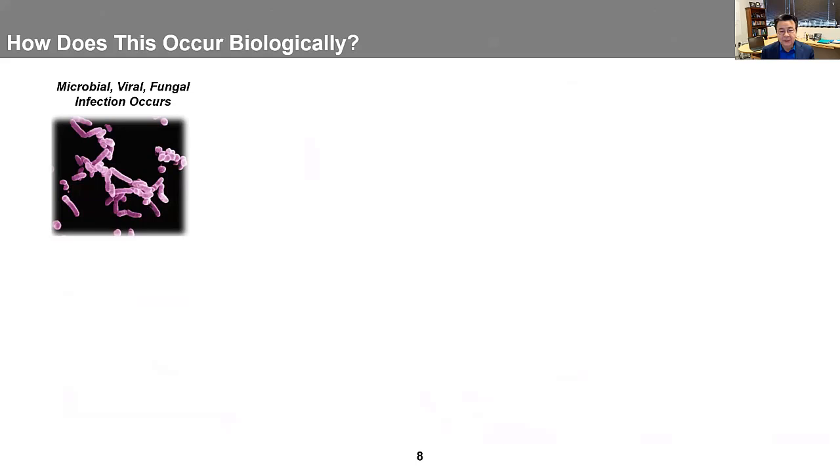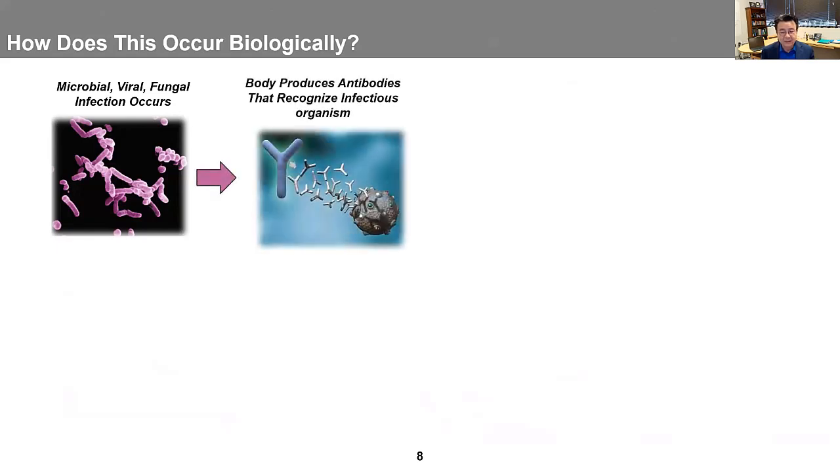We all know that we come into contact with various types of microbes throughout our life, and our body normally and faithfully produces antibodies that recognize infectious agents and take care of these infections.